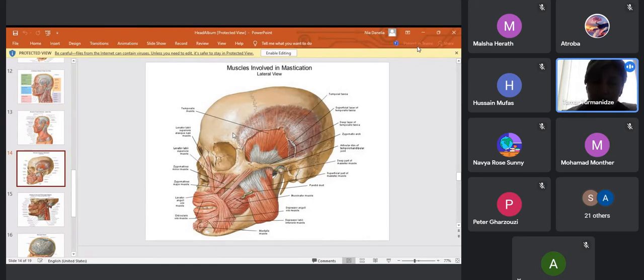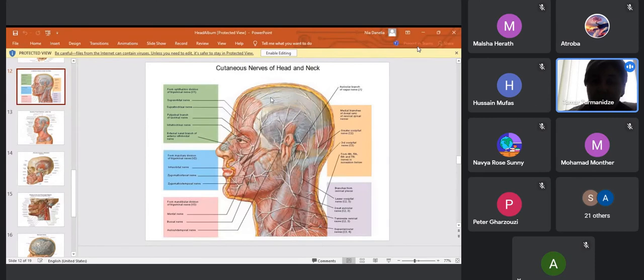Soft tissues of the temporal region consist of the following layers: skin, subcutaneous fat tissue. Below the subcutaneous fat tissue, we have the superficial fascia. Below the superficial fascia, on the picture is shown the temporalis fascia. This is the temporalis fascia, which is a continuation of the galea aponeurotica of the frontoparieto-occipital region.